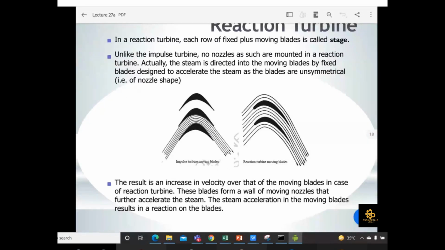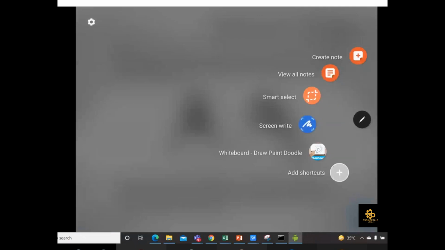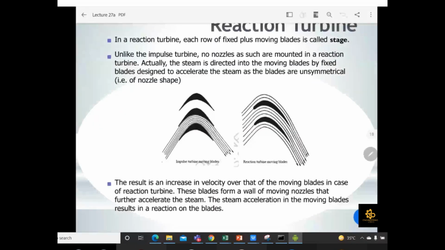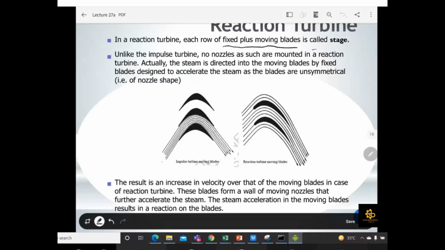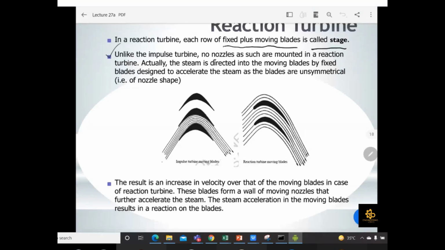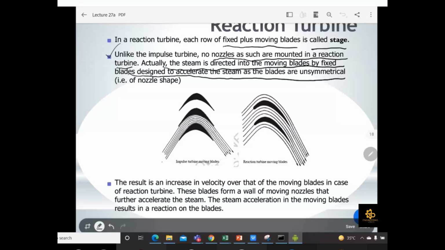In a reaction turbine, each row, that is a combination of fixed plus moving blades, is called a stage. Unlike the impulse turbine, no nozzles as such are mounted in a reaction turbine. Actually, the steam is directed into the moving blades by the fixed blade design, which accelerates the steam as the blades are unsymmetrical, that is, nozzle shaped.